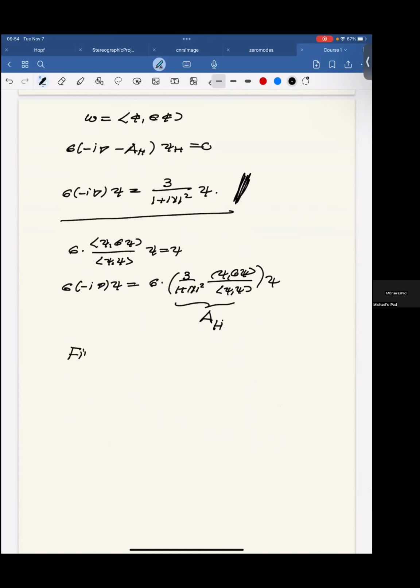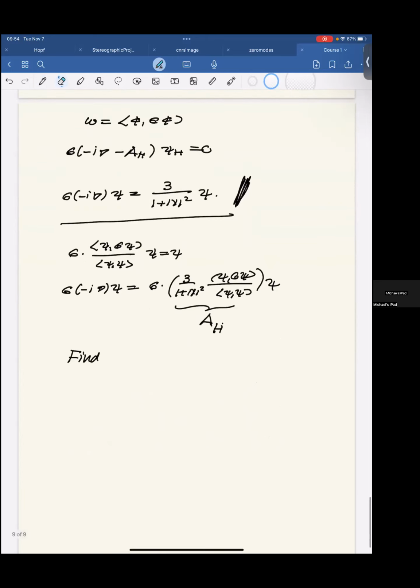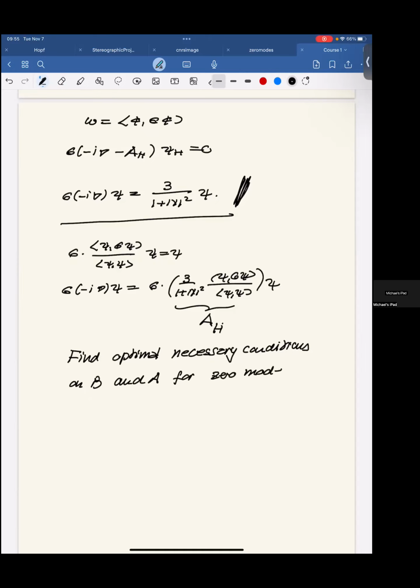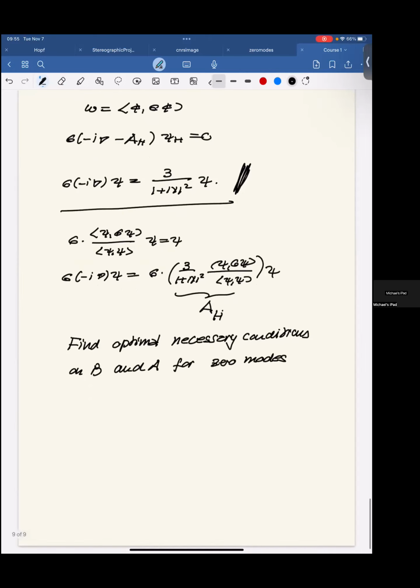Find optimal necessary conditions on B, and A if you like, for zero modes. How to formulate those?